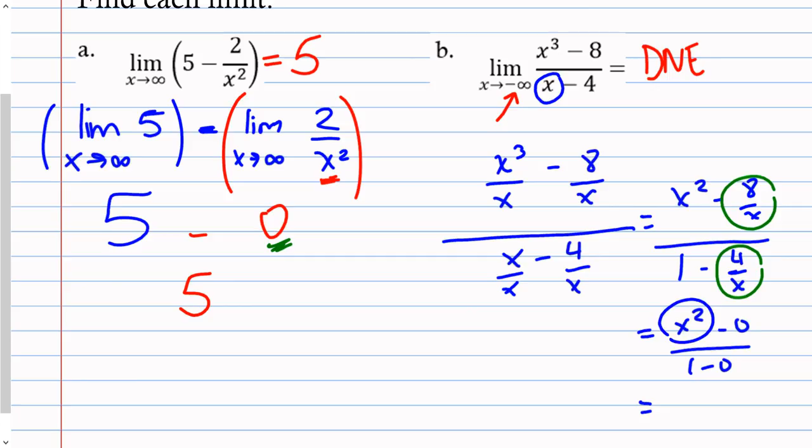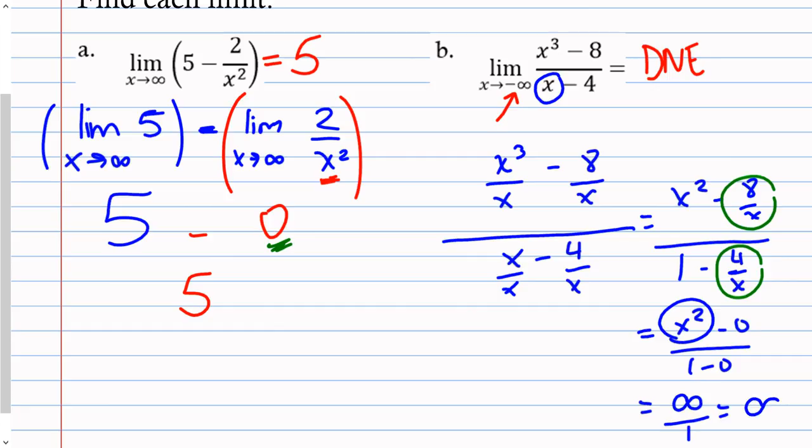But for x squared, if you need to go to the top of your page to see what happens when it's an even function, and we're going towards negative infinity, hopefully you can answer that for yourselves. It's just going to be infinity. So it's infinity minus 0 over 1 minus 0.